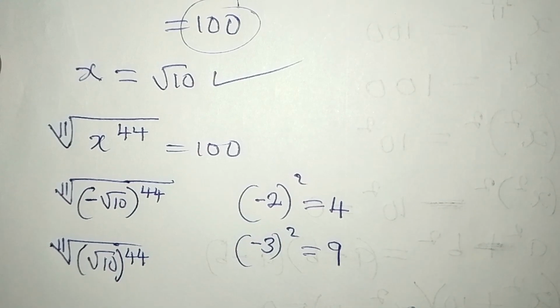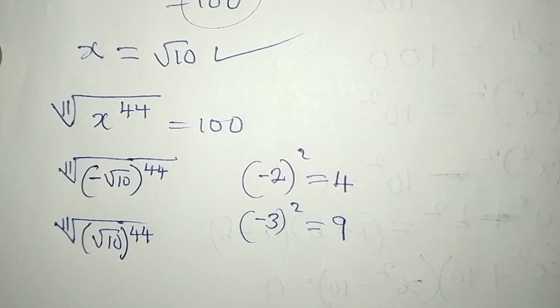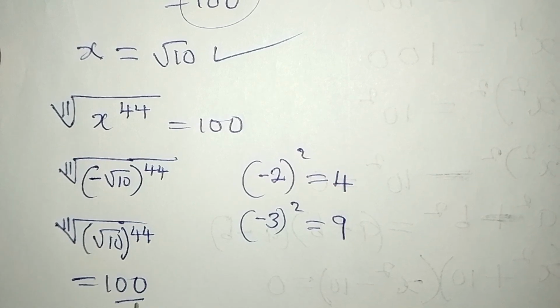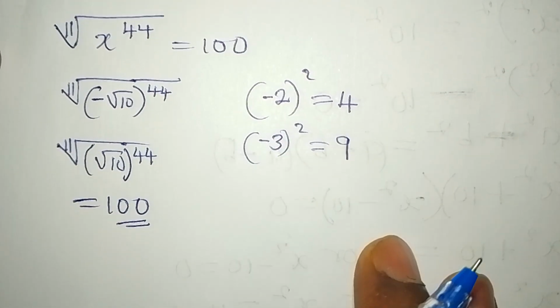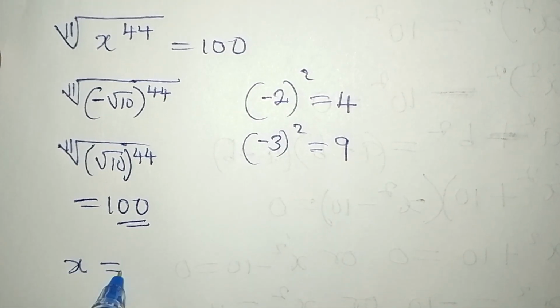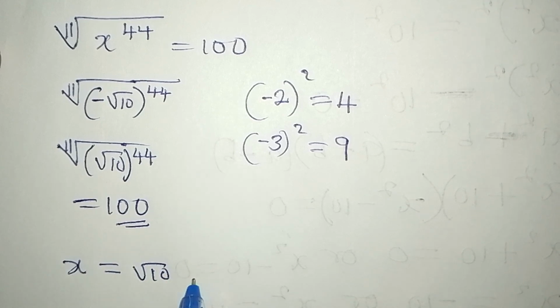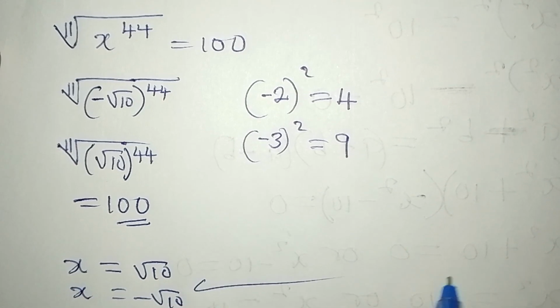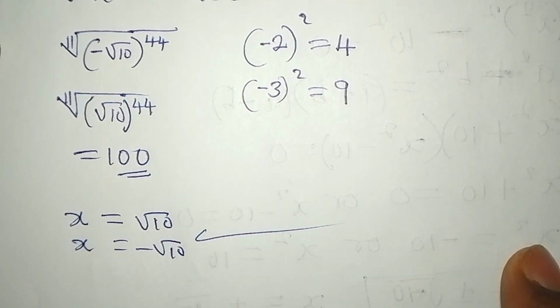If you process this like we did before, you would definitely get 100 and not negative 100. So this is to say that both x equal to root 10 and x equal to negative root 10 satisfy the given equation.